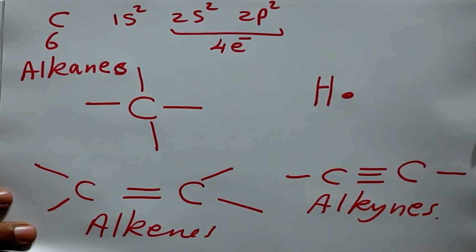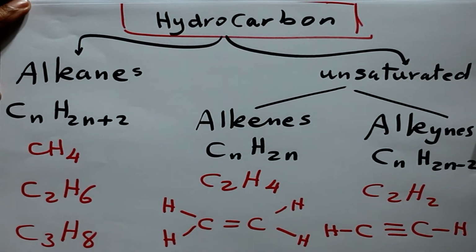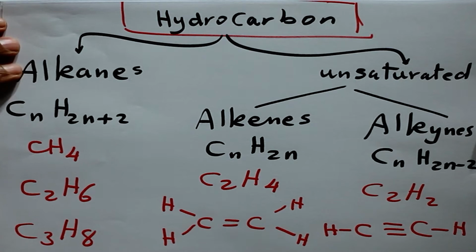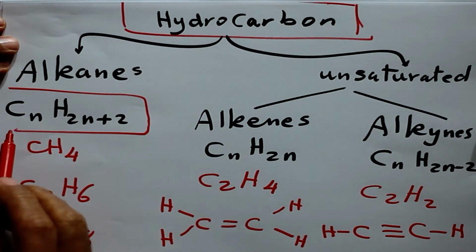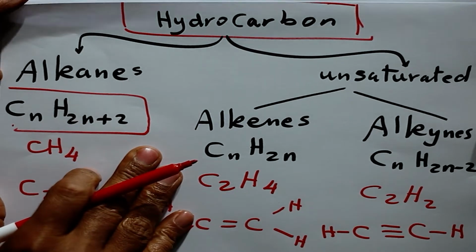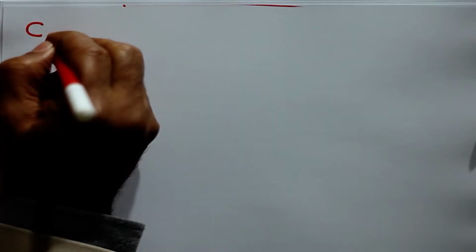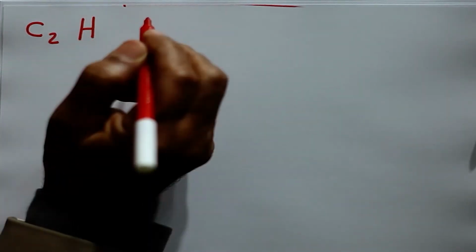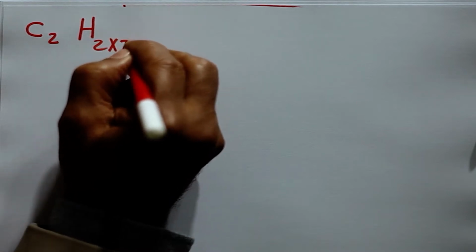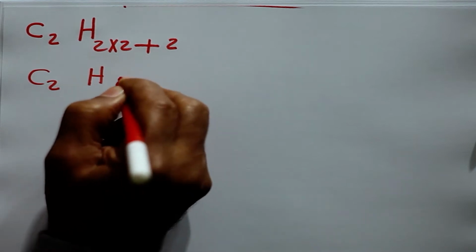How can we differentiate between the 3 types of groups? Firstly, we can differentiate between them by the general formula. The general formula of alkanes is represented by CnH2n+2. If we want to write the molecular formula for any compound, for example C2H(2 times 2 plus 2), that is C2H6.